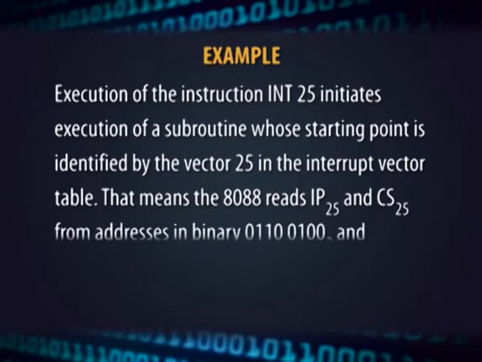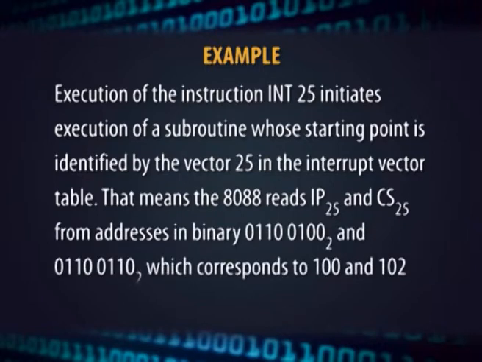That means the 8088 reads IP and CS, instruction pointer and code segment, from addresses in binary 0110 0100 and 0110 0110, which corresponds to 100 and 102 respectively.